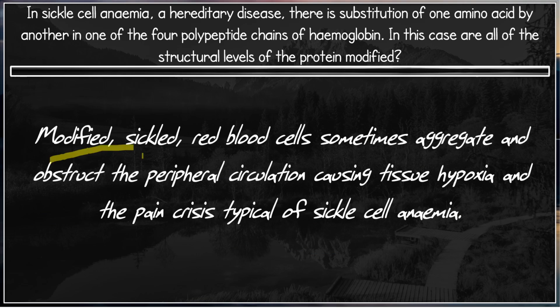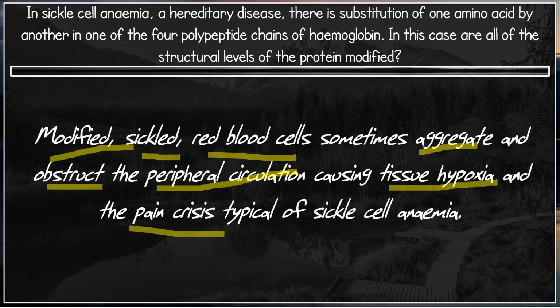Modified sickled red blood cells sometimes aggregate and obstruct the peripheral circulation, causing tissue hypoxia and pain crisis typical of sickle cell anemia.